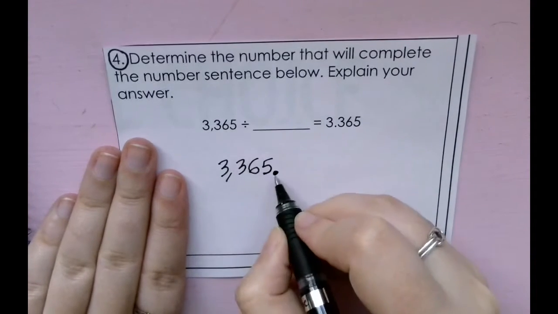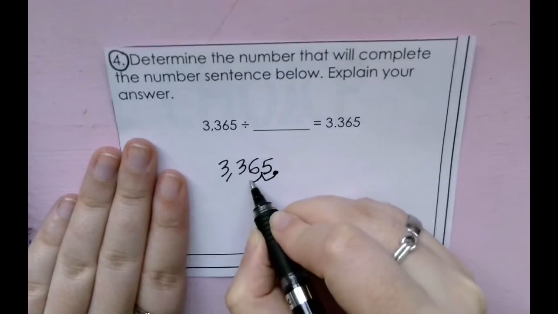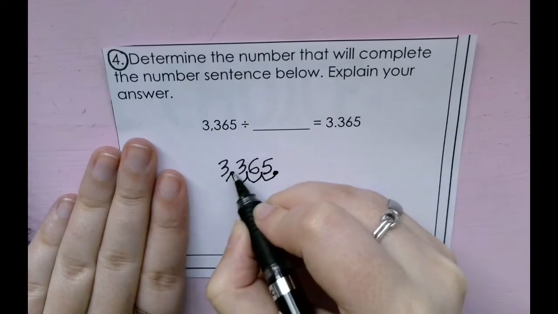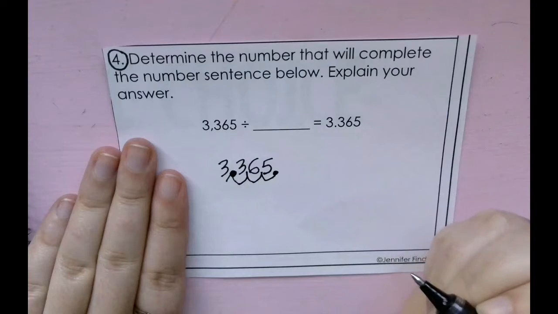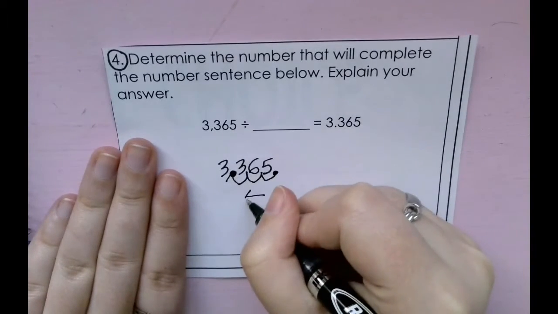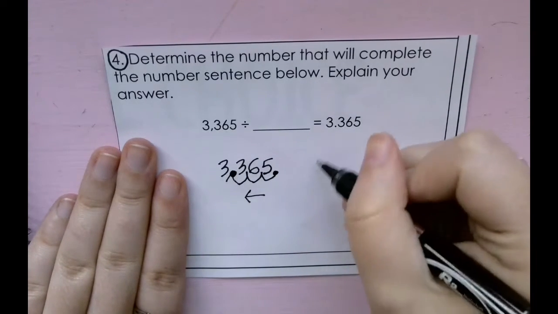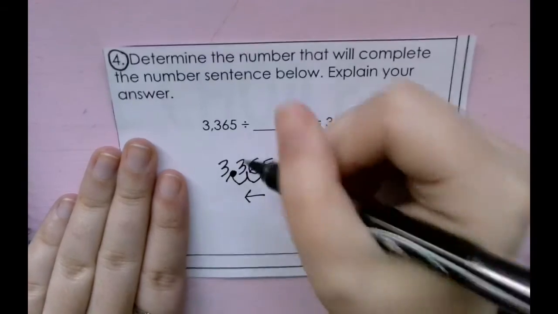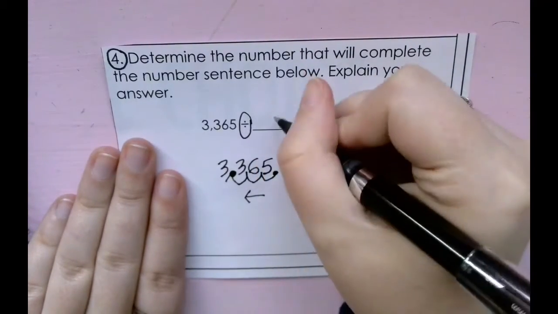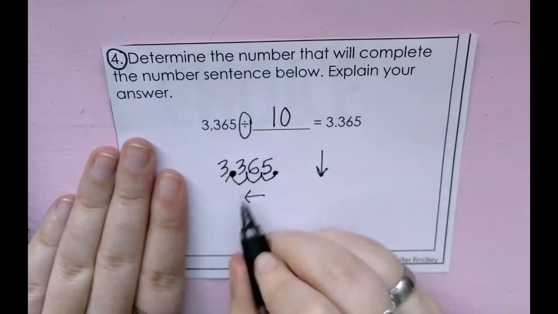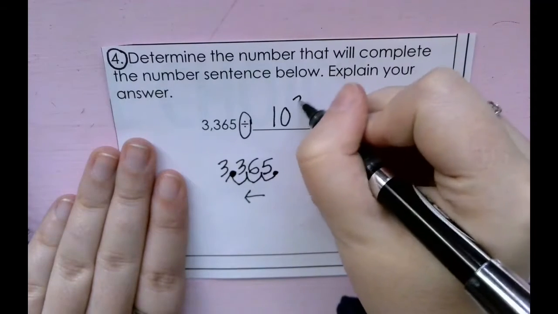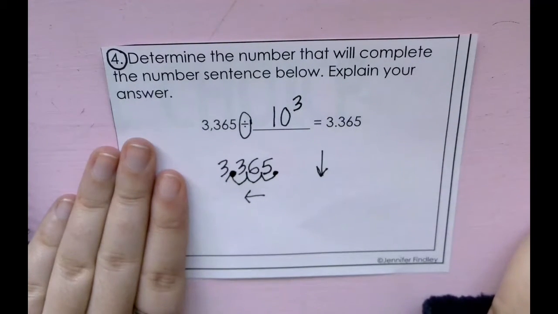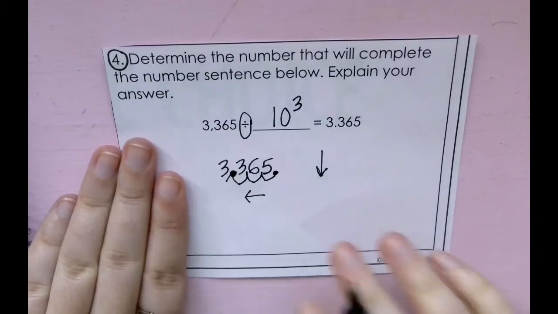So I'm going to need to move my decimal 1, 2, 3 place values there, and it moved to the left, which means the number got smaller. So if I'm dividing, I'm going to have a whole number, 10 to the power of 3, 1, 2, 3 place values. Hope you got that one right.